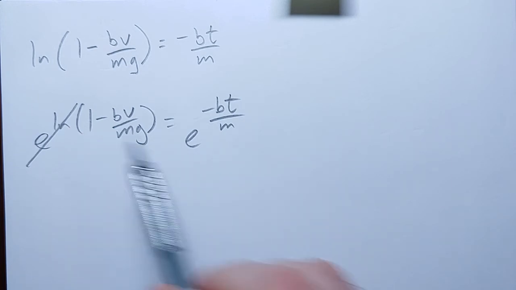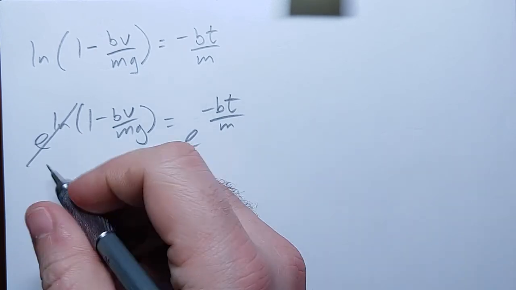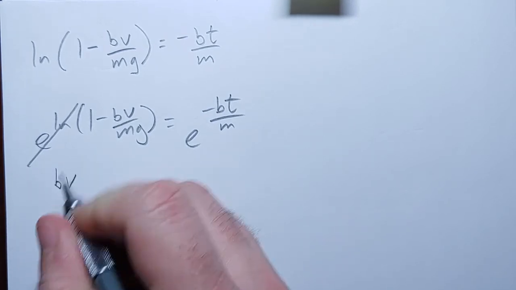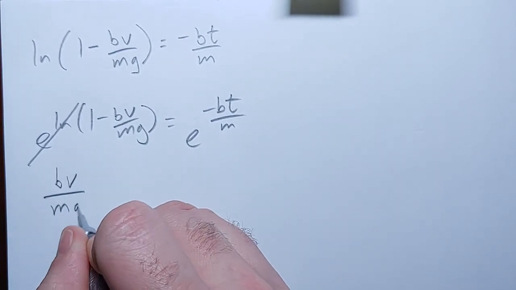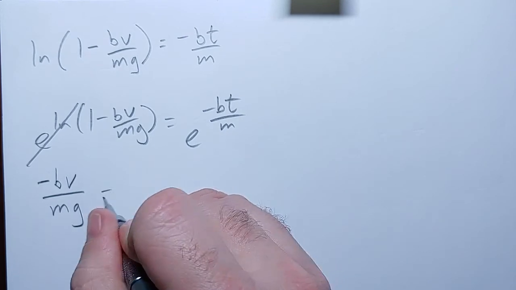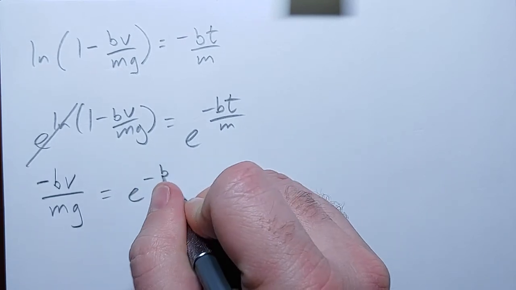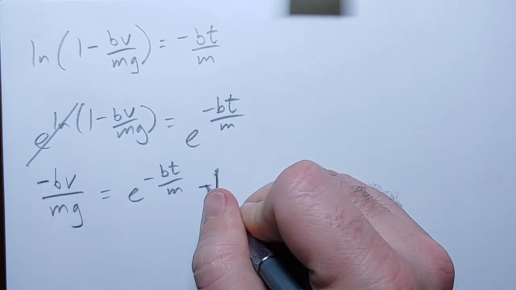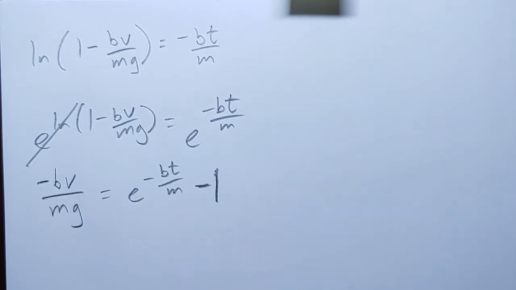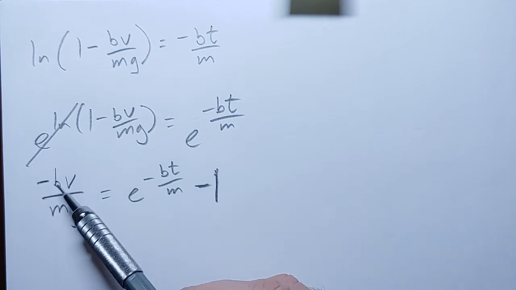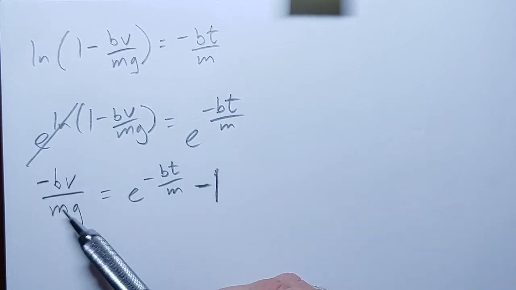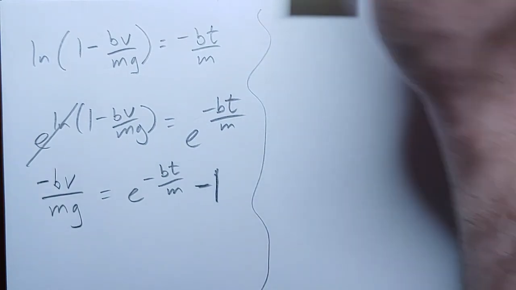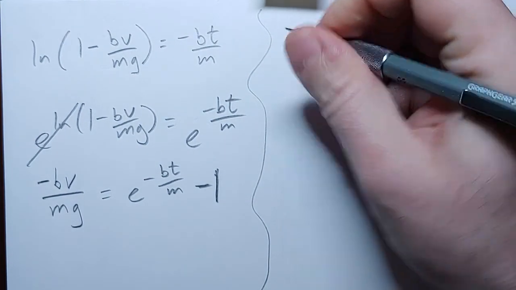Let's move the 1 over to the other side. So negative bv over mg equals e to the negative bt over m minus 1. And then I'm just going to multiply by negative mg over b to get v by itself.